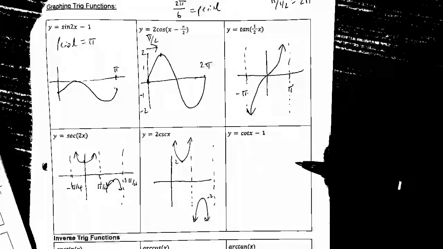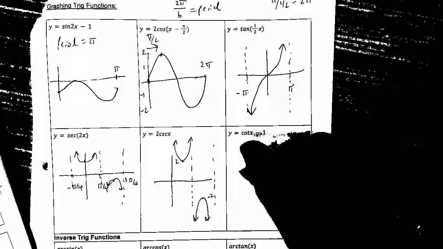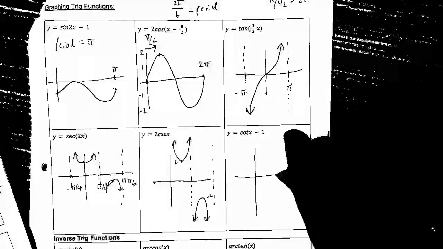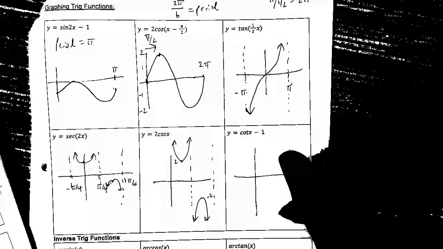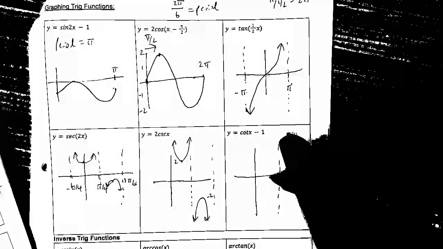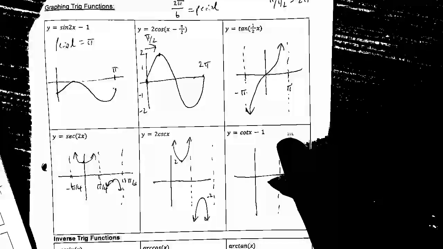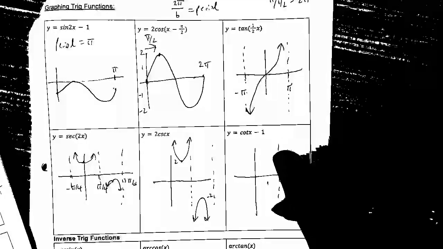Last one, cotangent x minus 1. So we know what cotangent x looks like from our parent graphs. The only difference here is that instead of sort of intersecting 0 at the x-axis, it's going to intersect negative 1.